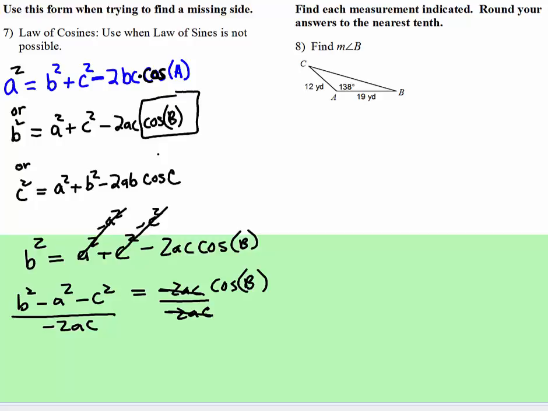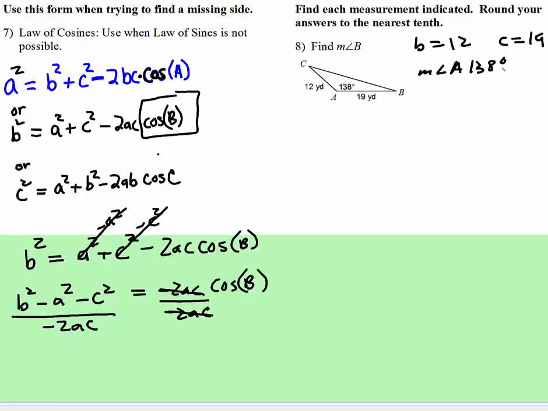We don't have side A yet. For us to find angle B, we first have to find side A. So b is equal to 12, c is equal to 19, and the measure of angle A is 138 degrees.